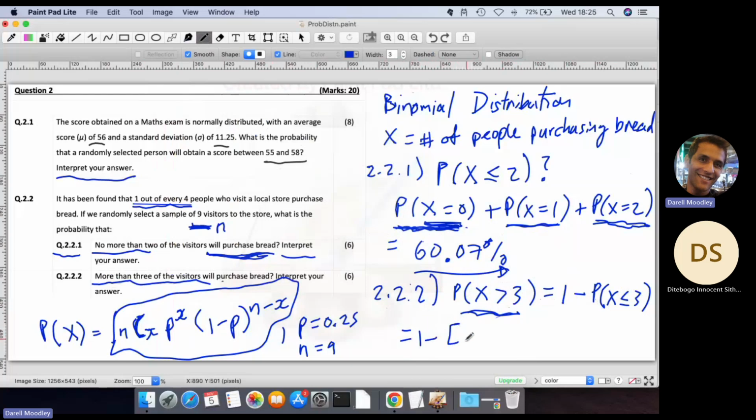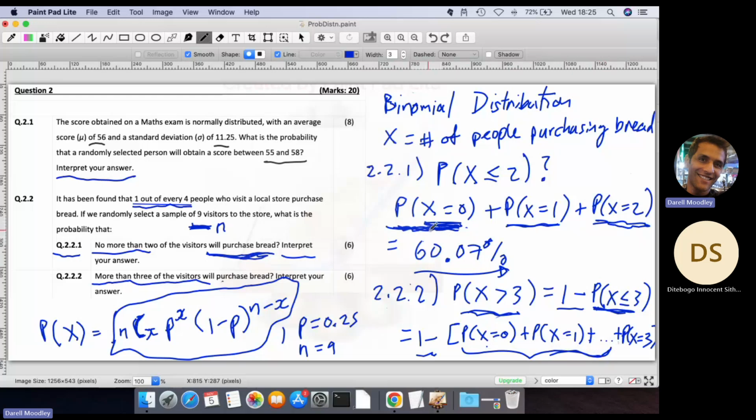It's 1 minus, and everything in the square brackets is this part here: the probability of x equals 0, plus the probability of x equals 1, all the way to the probability of x equals 3. Everything before the probability of x equals 3 is x equals 0, x equals 1, and the missing part is x equals 2.